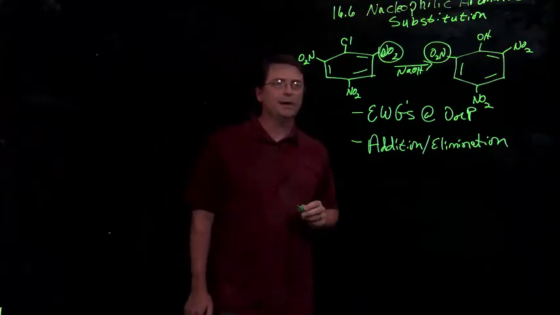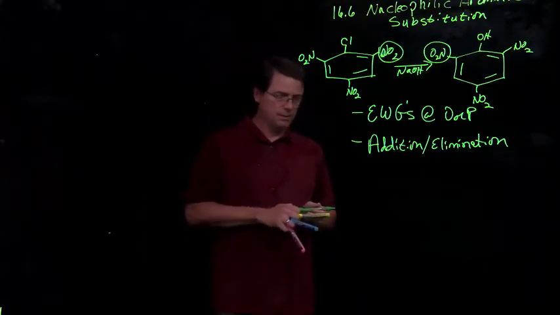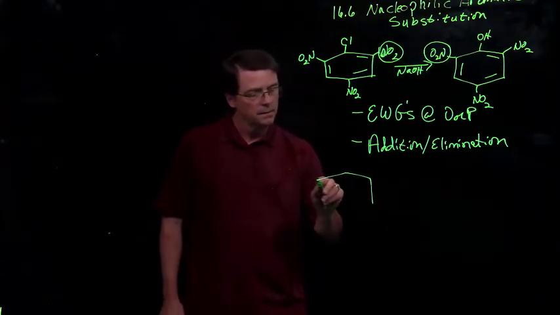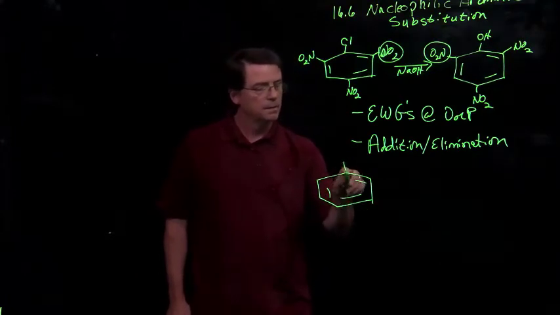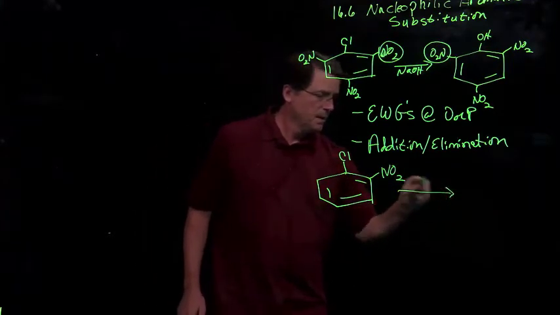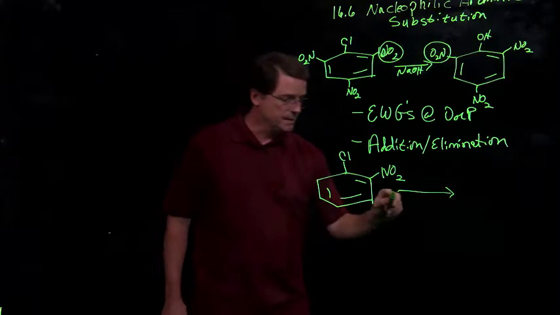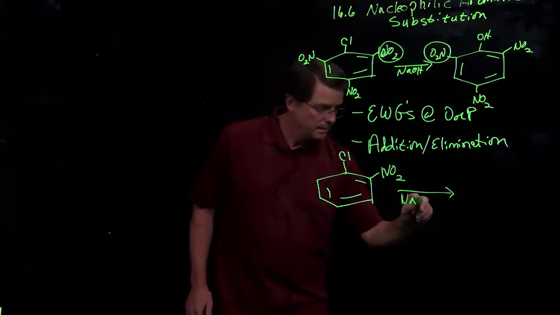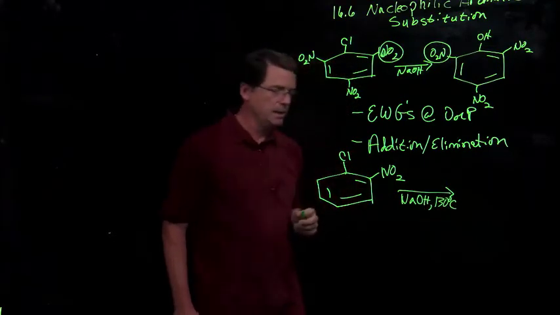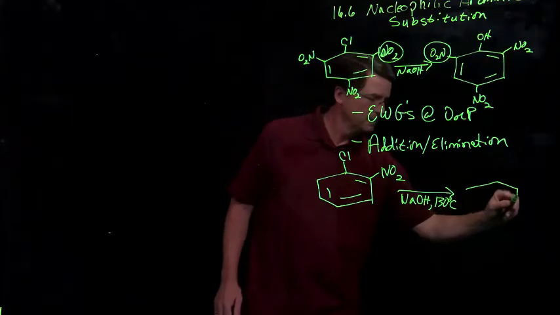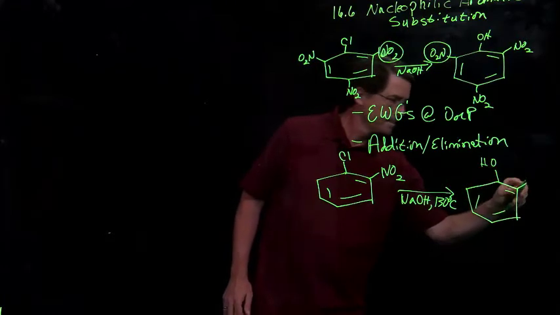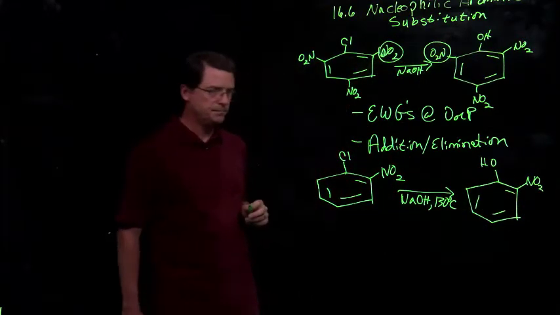And we'll see what that is in a few minutes. But first, let's address this scope and limitations issue. So if we consider the following substitution, with only one nitro group on the chlorobenzene, again with sodium hydroxide, we need 130 degrees C to get a good yield of product. Okay?